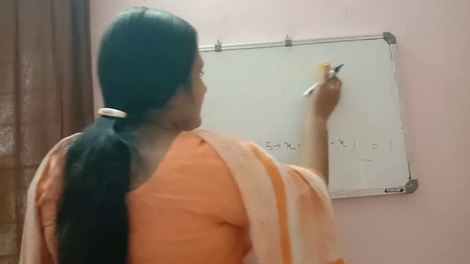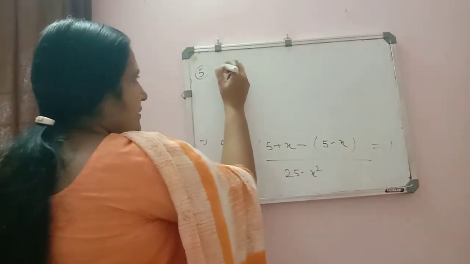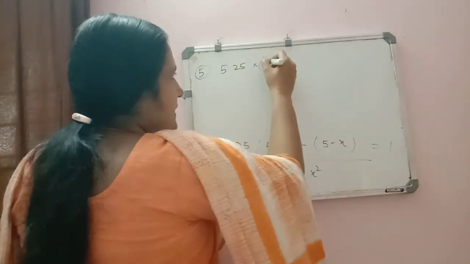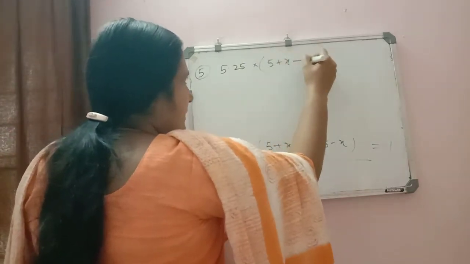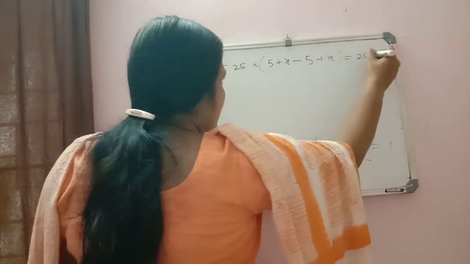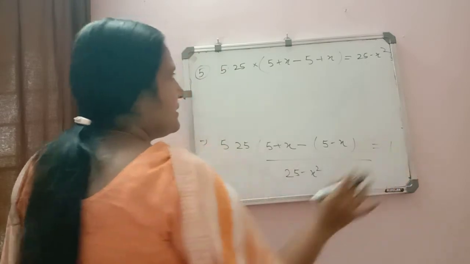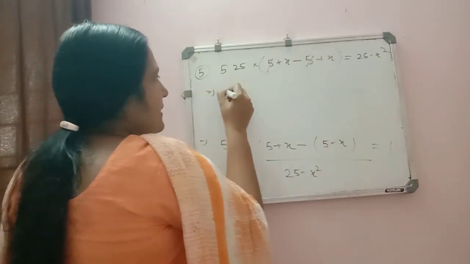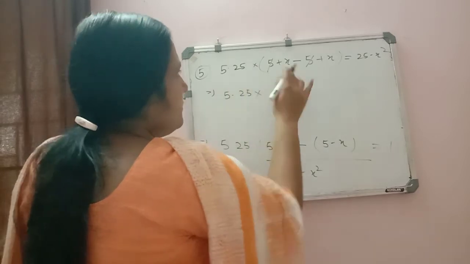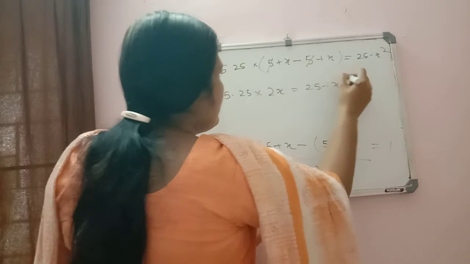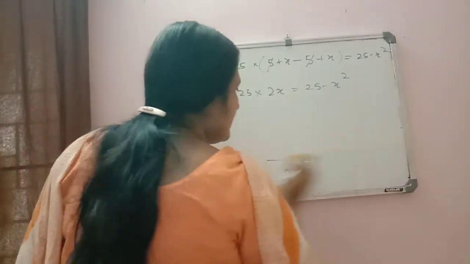We'll open the bracket: 5.25 into 5 plus x minus 5 plus x is equal to 25 minus x square. 5 and minus 5 get cancelled. We get 5.25 into x plus x, which is 2x, is equal to 25 minus x square.